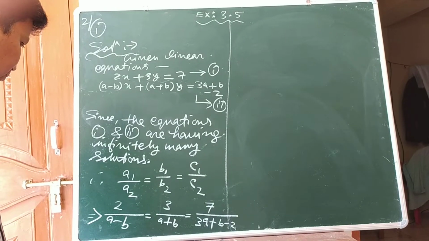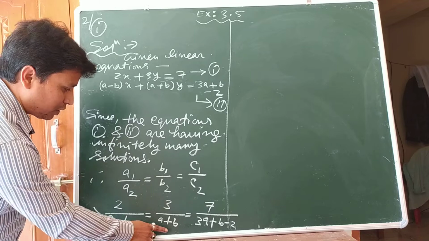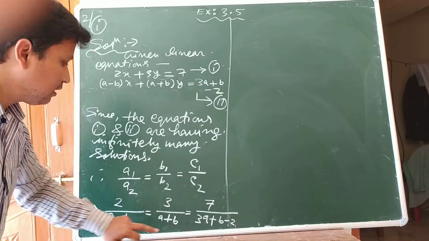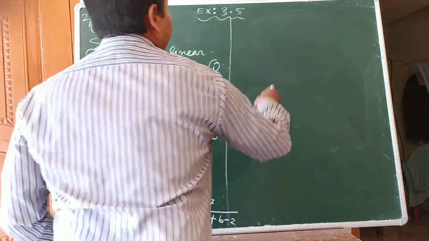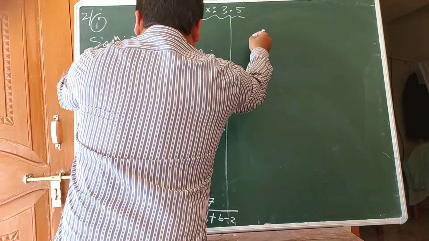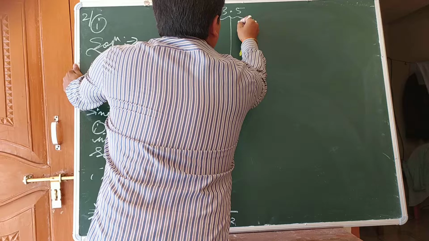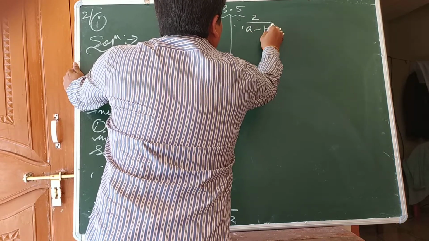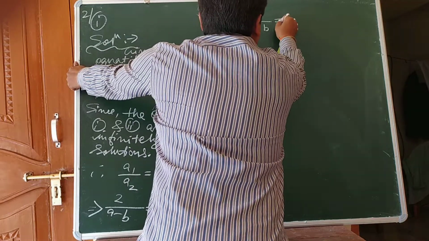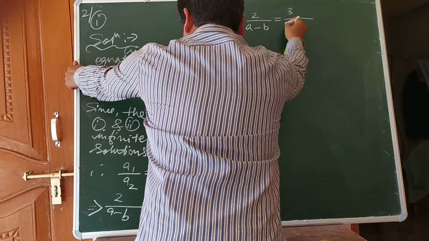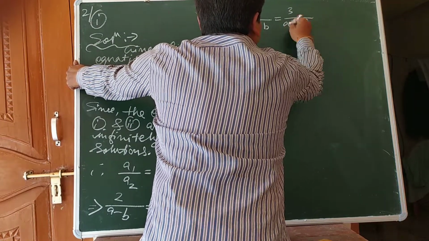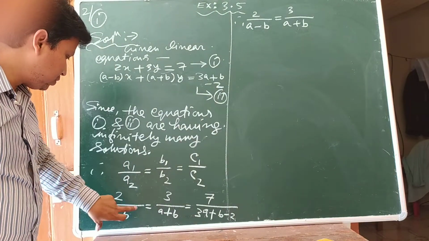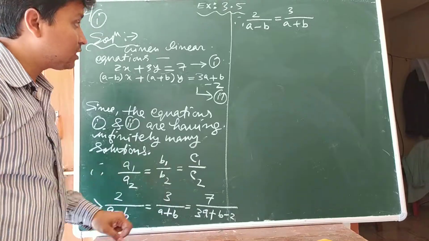So it is the criteria. Now first of all we have to consider these two, 2 by a minus b and 3 by a plus b. Therefore 2 by a minus b equal to 3 by a plus b.